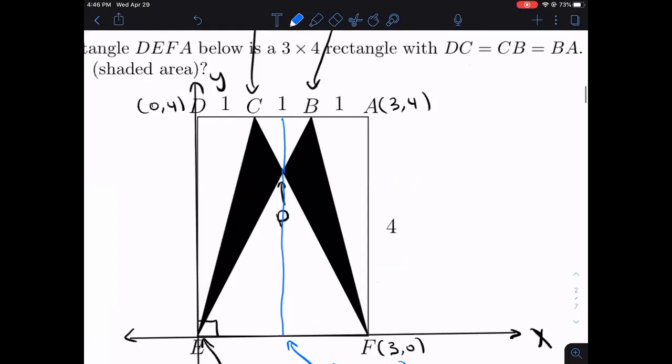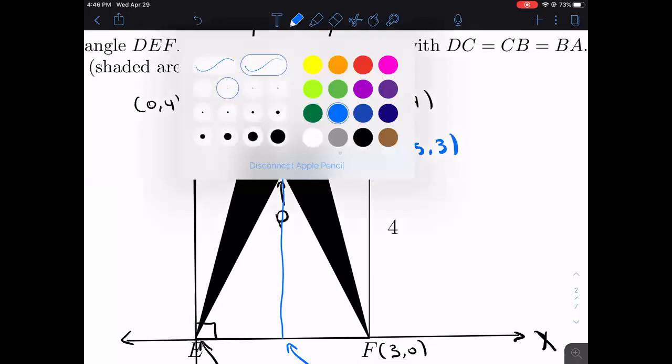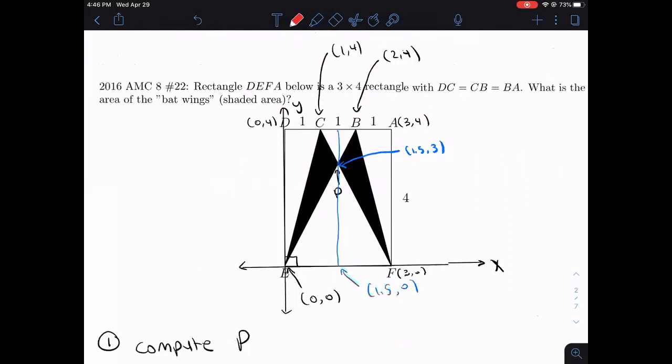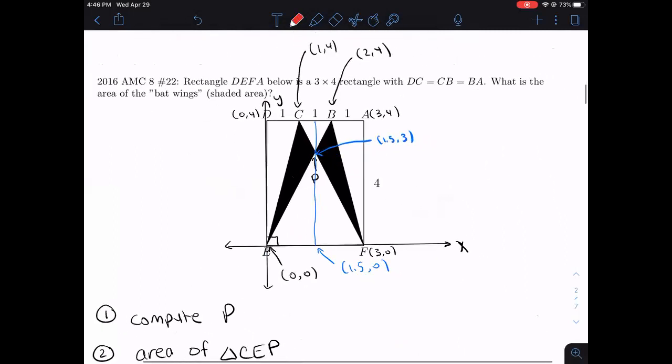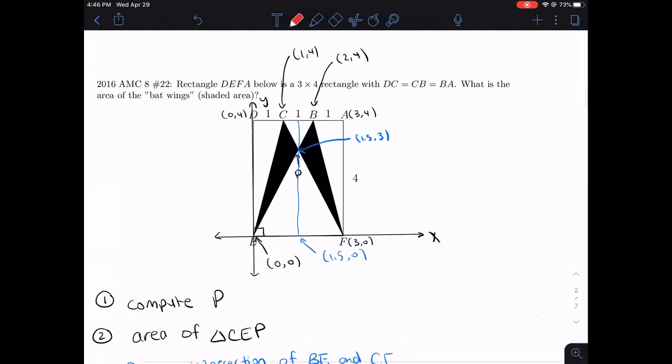So let's label this on the diagram now. All right, so now we use shoelace to compute the area of CPE.